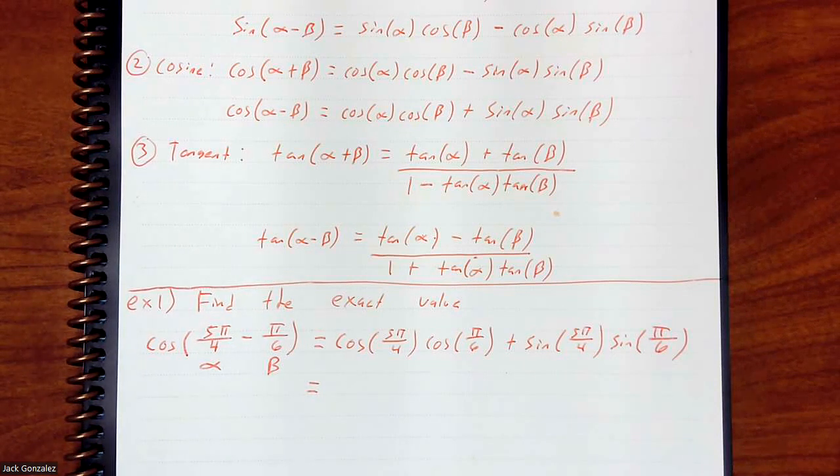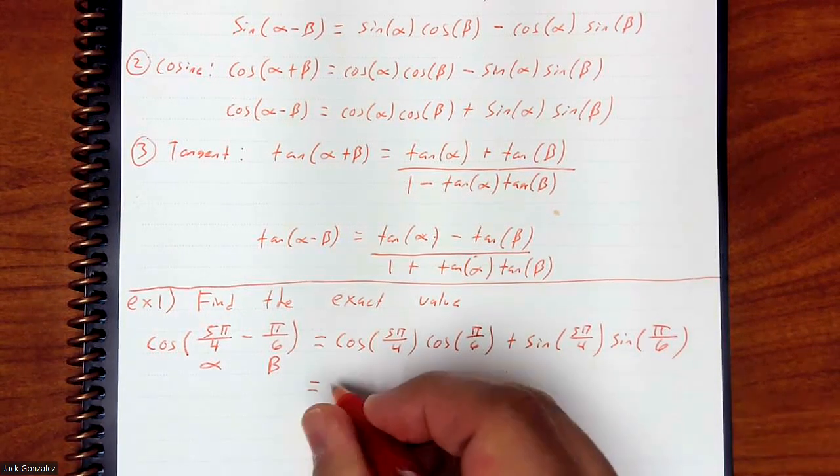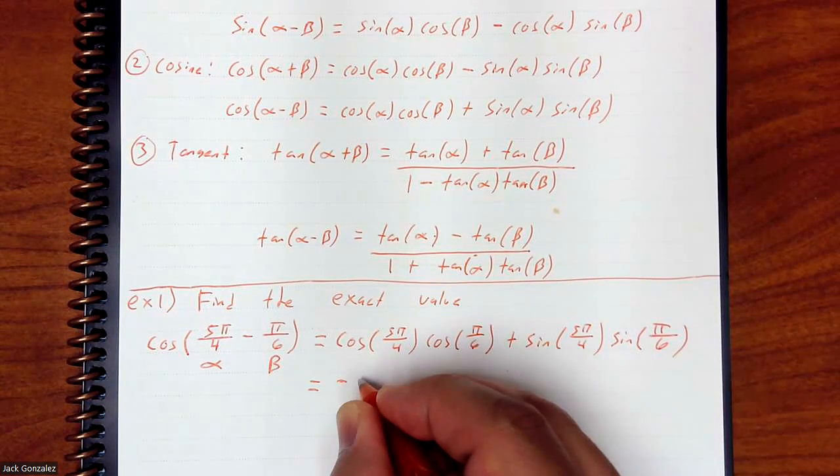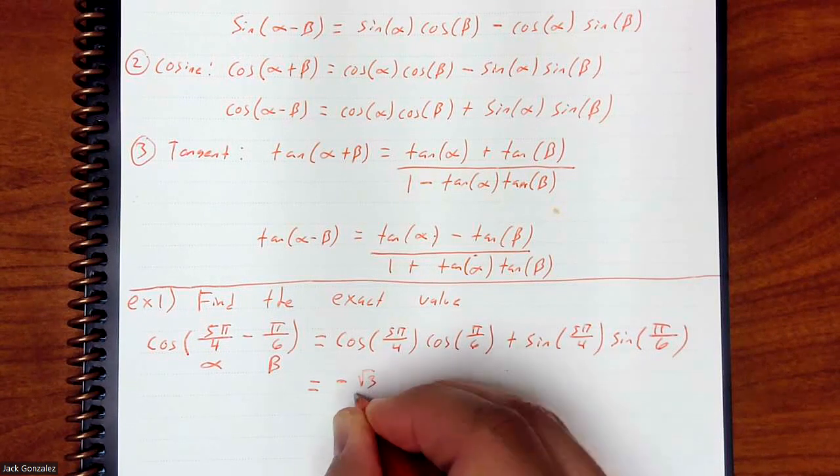Is that right? So what's the cosine there? It's negative square root 2 over 2? Okay, thank you.